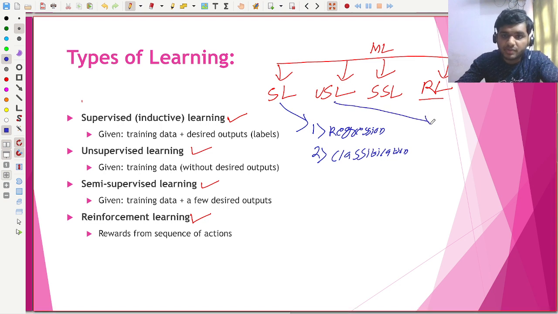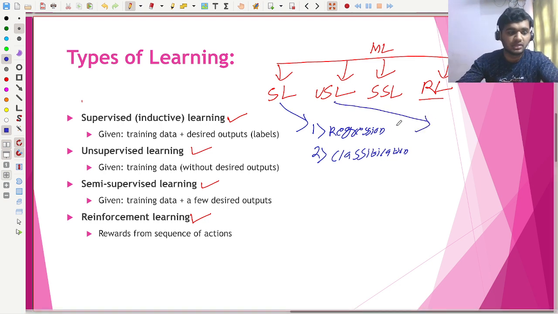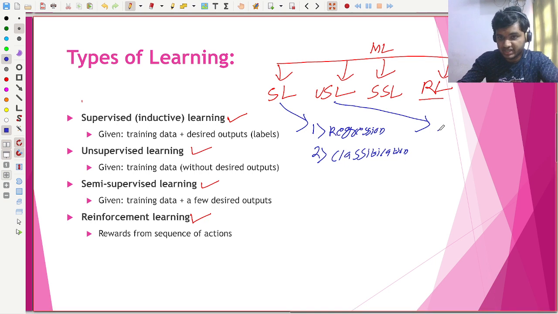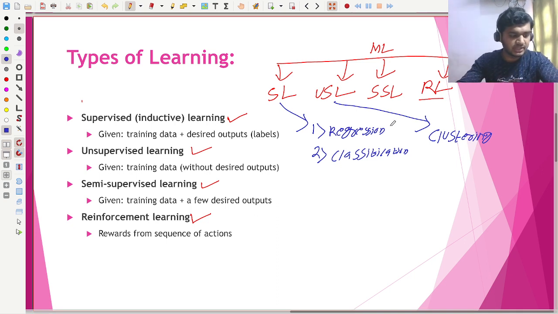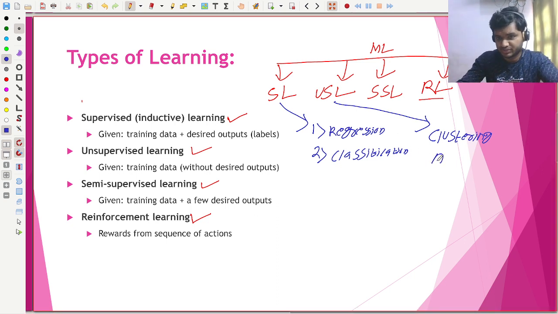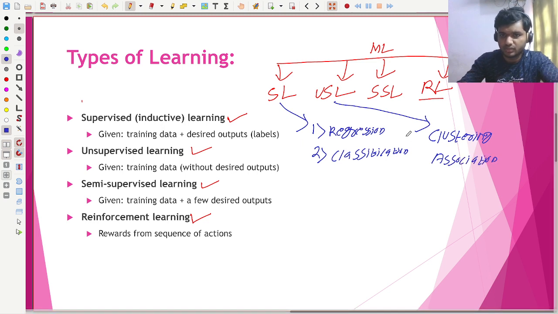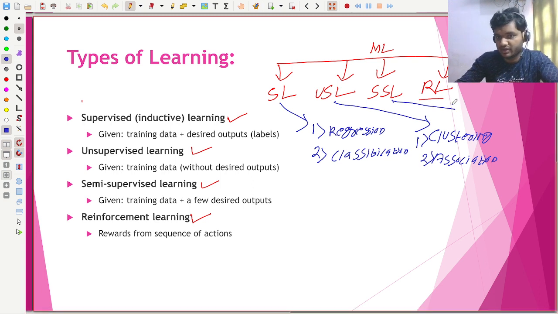In unsupervised learning, we'll discuss some clustering algorithms. Clustering is a part of unsupervised learning, and also association. Then semi-supervised learning, which is generative AI.